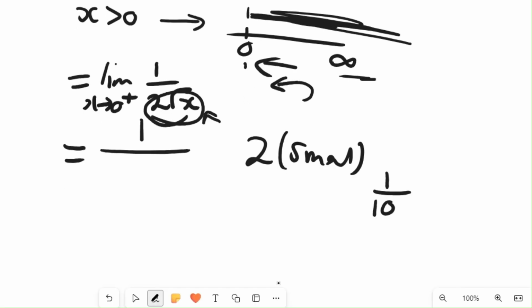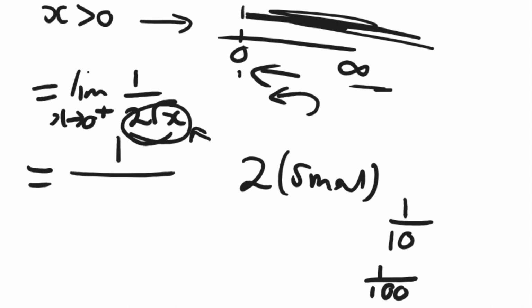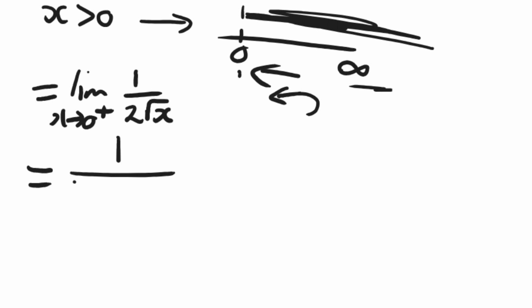We put 1 over 10, we put 1 over 100 after, we put 1 over 1000 after, and so on. We keep on adding these zeros. That number is going to grow smaller as we keep on approaching 0 from the right. Now that small number, as we multiply it with 2, is going to make our answer in the denominator a very small number.